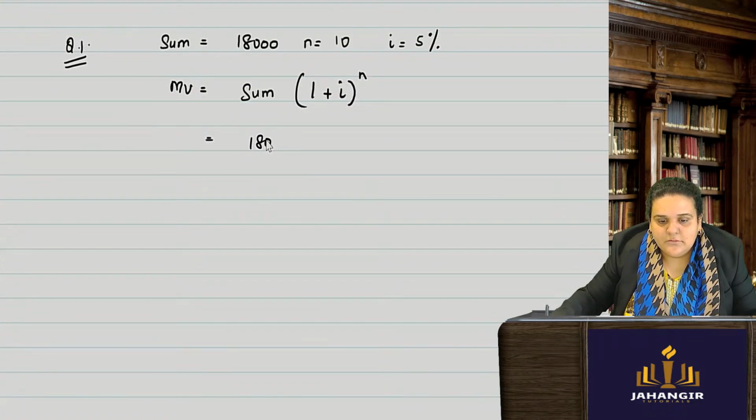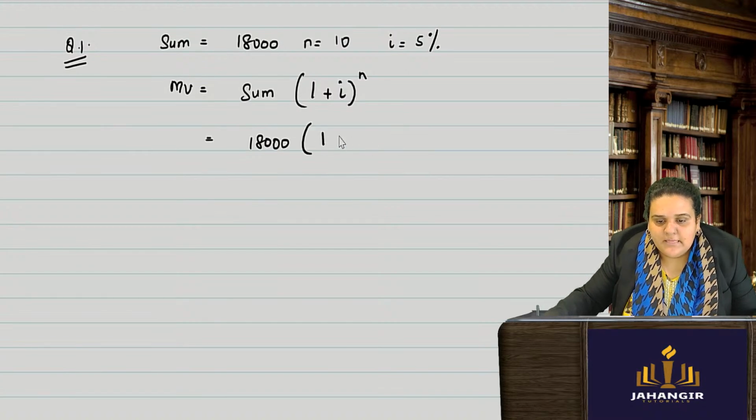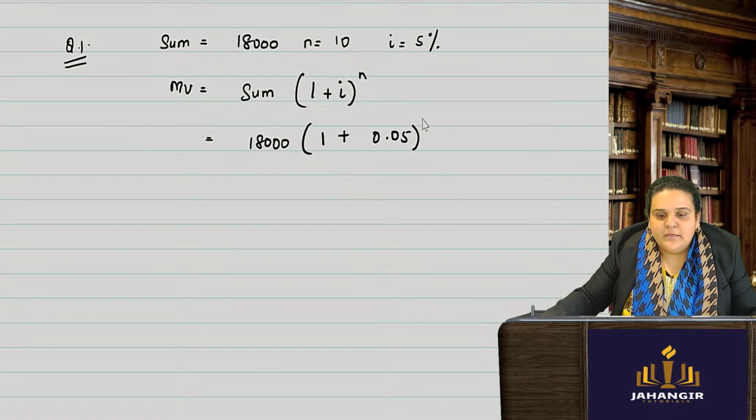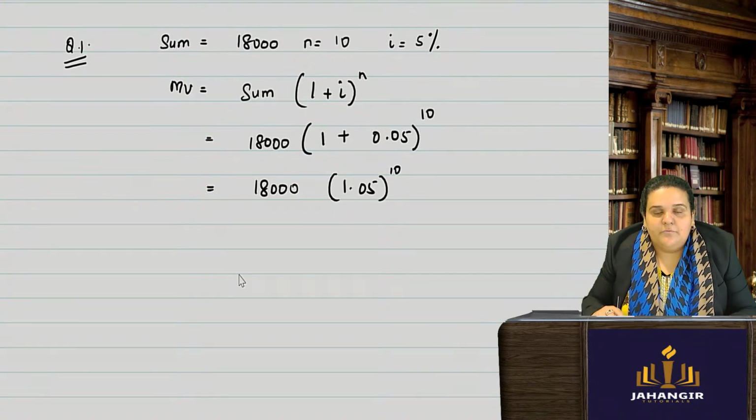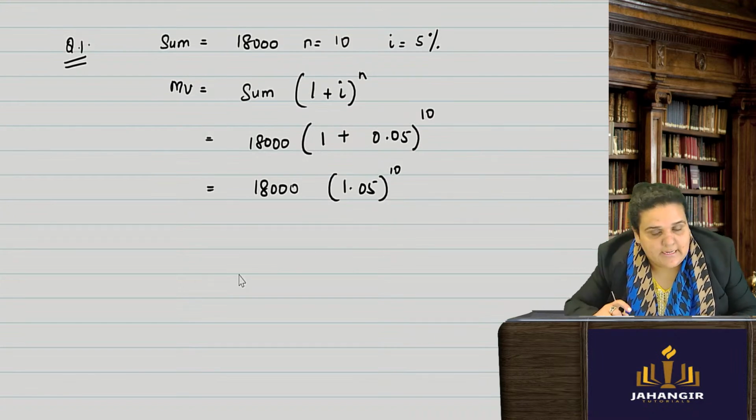Sum is 18,000 into 1.05 raised to n, that is 10. That means you will have to multiply 1.05 into 1.05 into 1.05, 10 times.